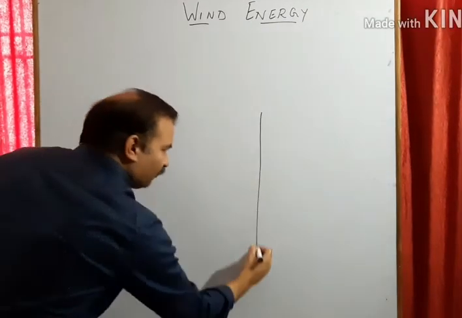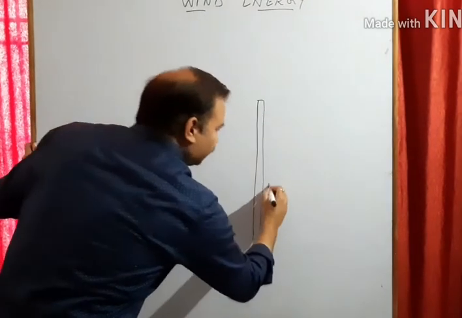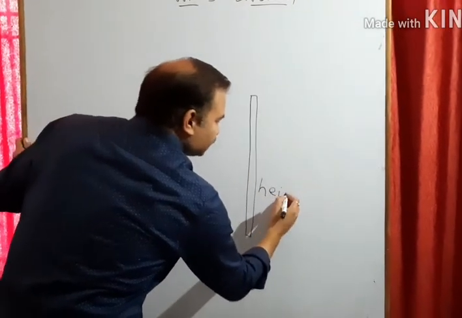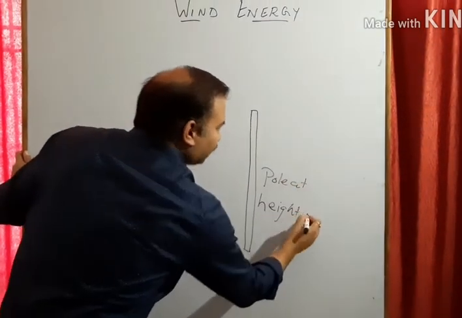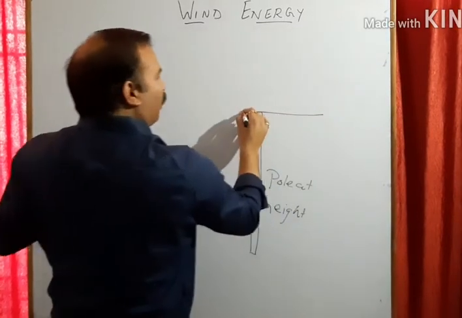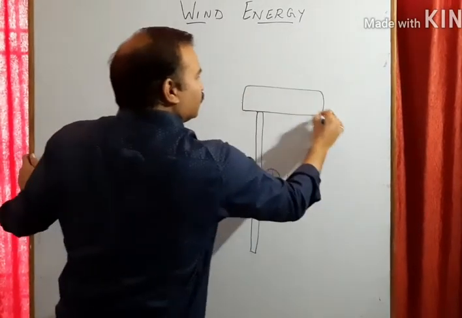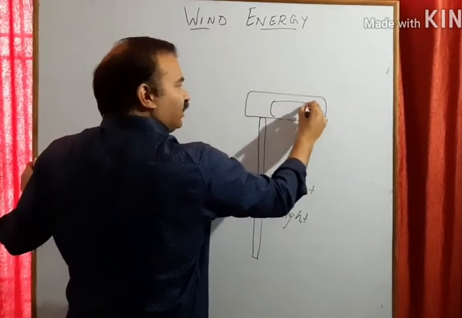It consists of a pole of great height. At the top of the pole, there is a box. This box contains a generator.